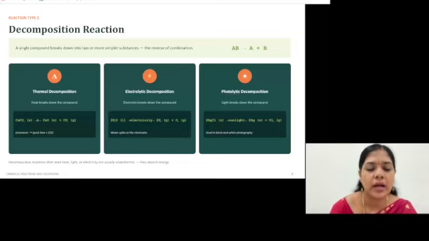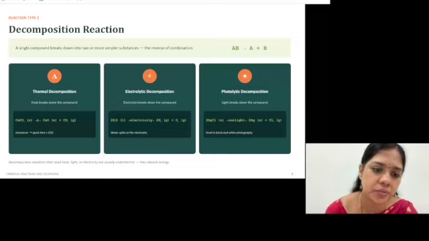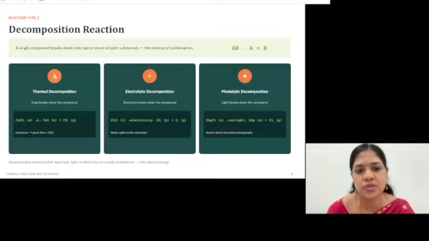Okay, so electrolytic decomposition needs electricity. Thermal decomposition means you understood that heat is given, and in the electrolytic decomposition electricity should be provided. Electricity will be splitting water into hydrogen and oxygen, and in photolytic decomposition reactions we need light. Photo means light.